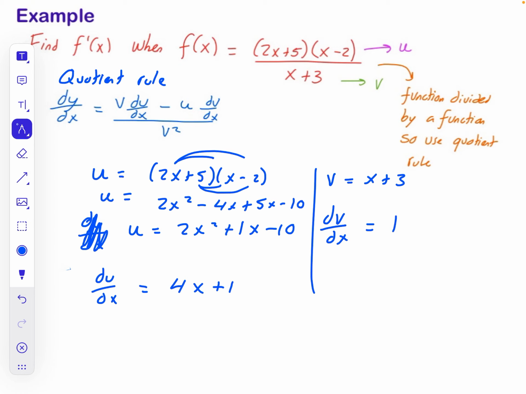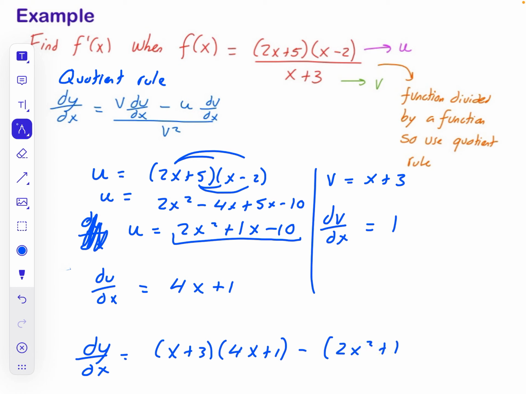Then we know v is x plus 3, so dv dx, nice and easy to differentiate, is just going to be 1. And now we can fill it straight into our quotient rule, so dy dx is equal to v, which is x plus 3, multiplied by du dx, which is 4x plus 1, minus u, which is those two brackets.